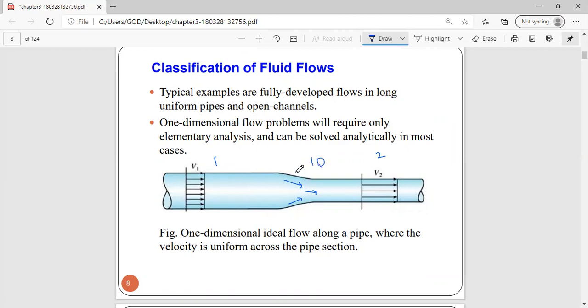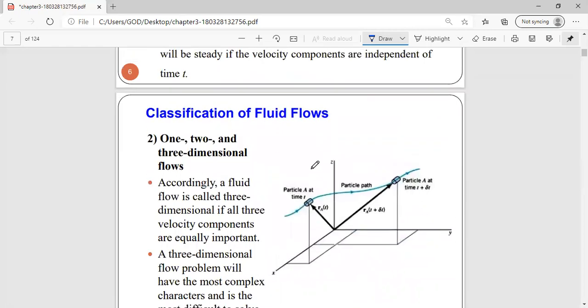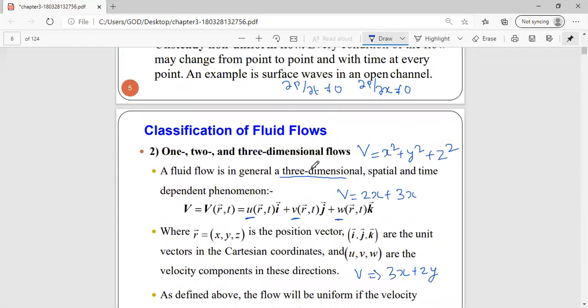If I have a small hole here, then the fluid is trying to escape from this hole, and it might be two-dimensional, it might be three-dimensional. For that you have to mathematically model it. So simply, you can write one-dimensional flow as, if your fluid equation after mathematical modeling shows only one direction, either x or y or z, that means the equation may be like 3y square, or it may be like 3z plus 3z square.